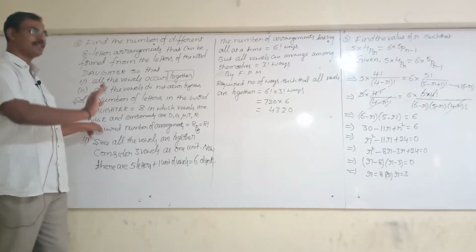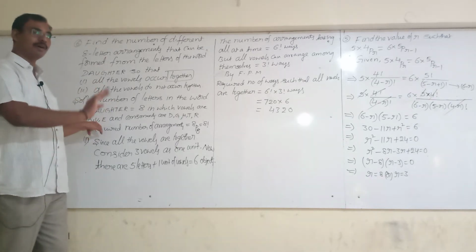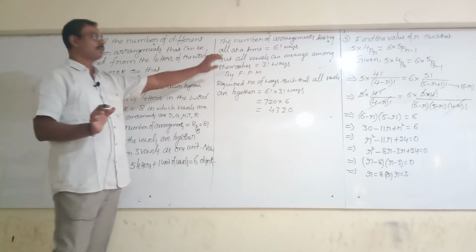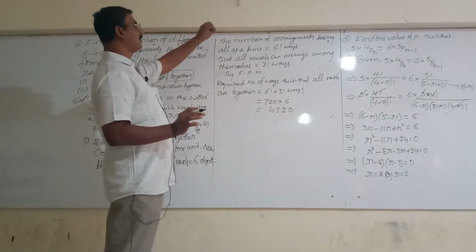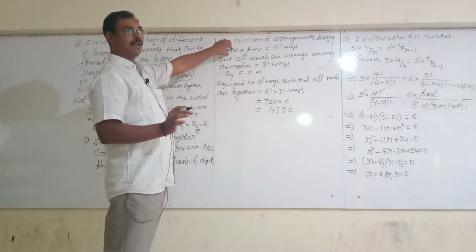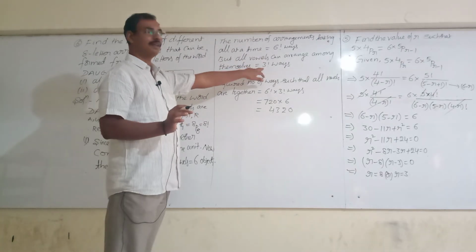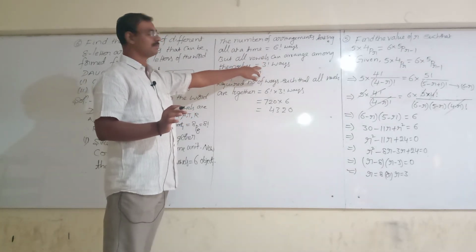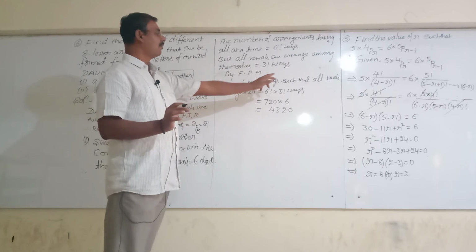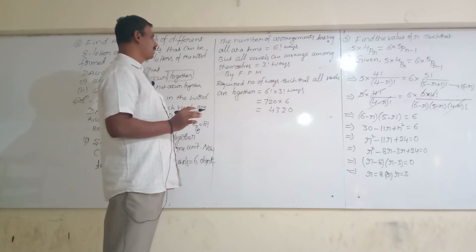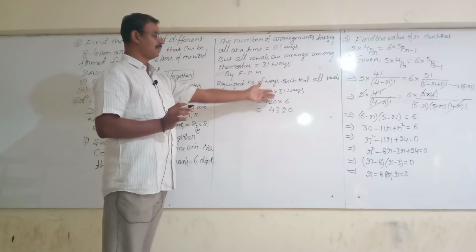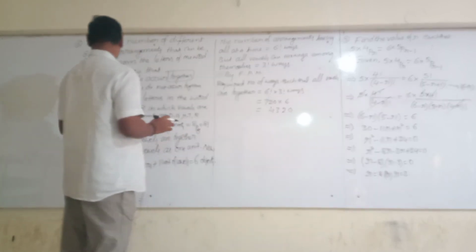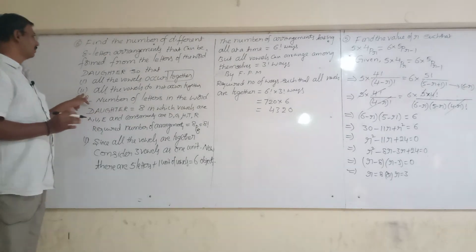But these 3 vowels can also be arranged among themselves in the same box. This can be done in 3 factorial ways. So by the fundamental principle of multiplication, 6 factorial into 3 factorial ways. Further you simplify.